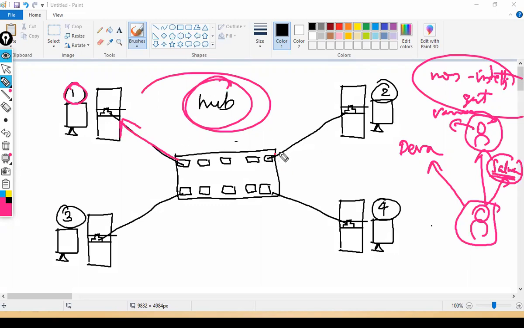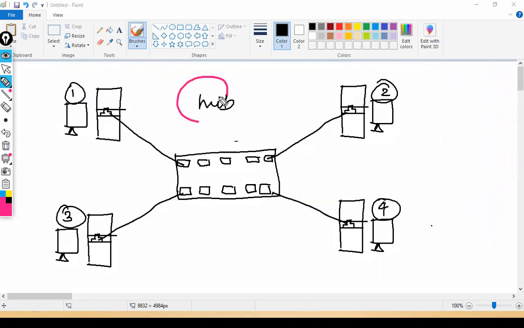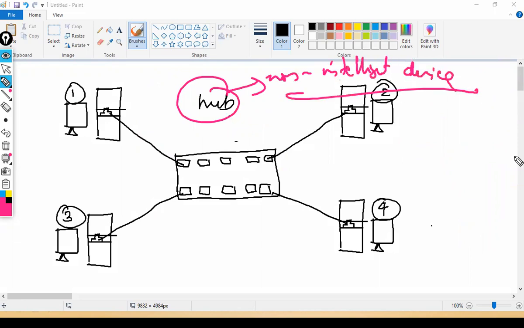The second machine is sitting on its right side, and it will not keep track of it. That is why it will be sending to everyone. It doesn't know where these machines are sitting, so whenever it gets something, it sends it to everyone. That's the problem. So you can say a hub is a non-intelligent device.